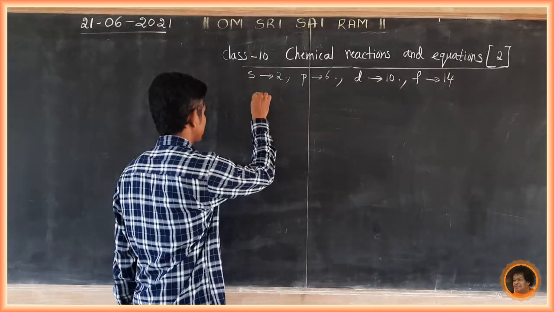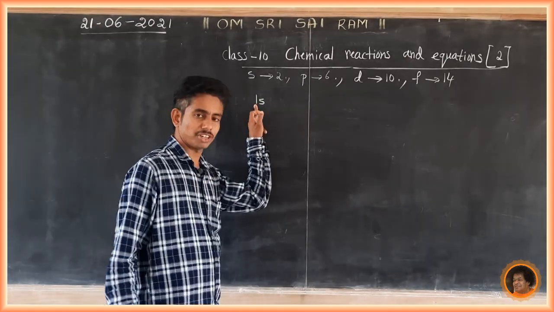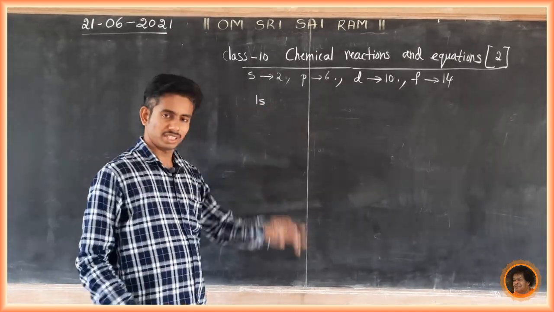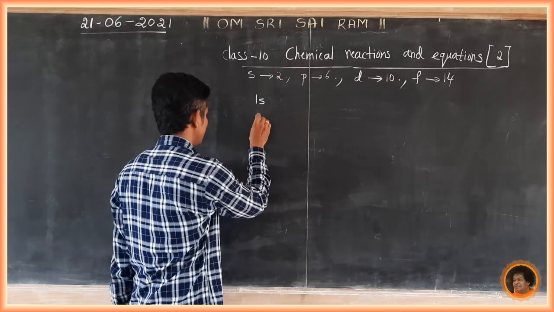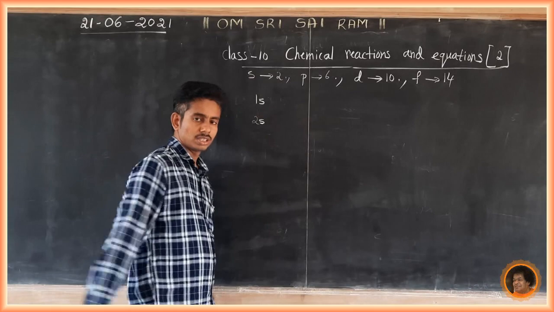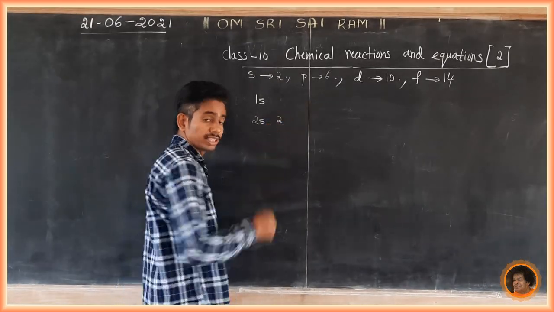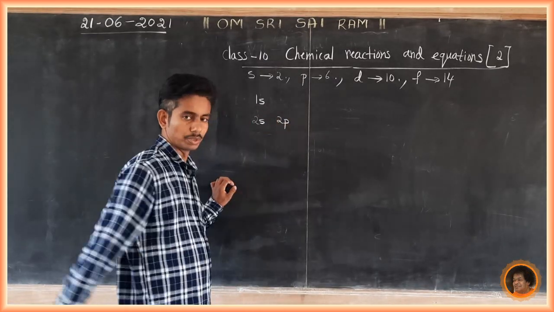Just write 1s. What is 1s? 1 means the first shell, and it has only one subshell, s, so 1s. After that, the second shell has 2 subshells, s and p, so 2s and 2p.